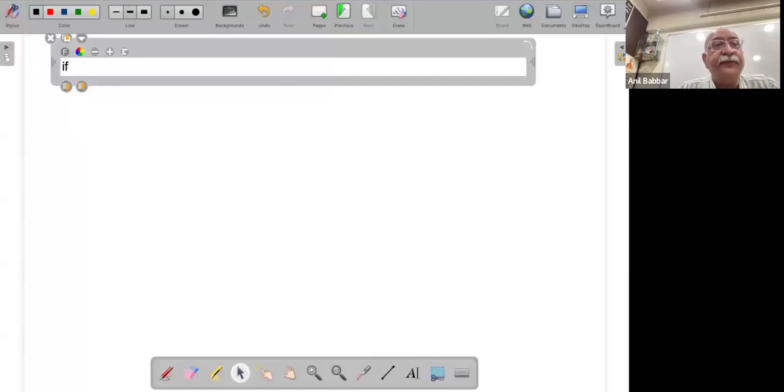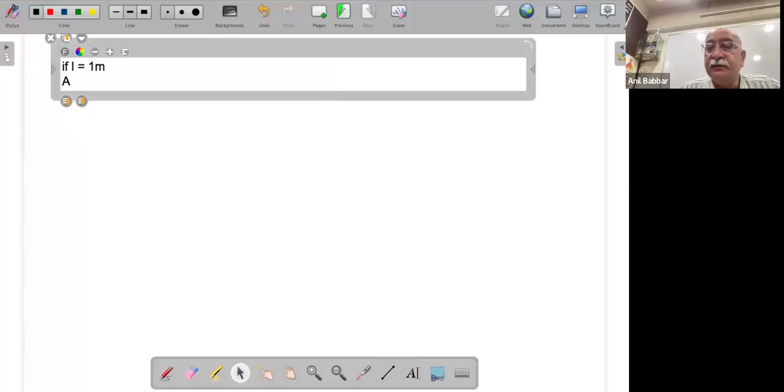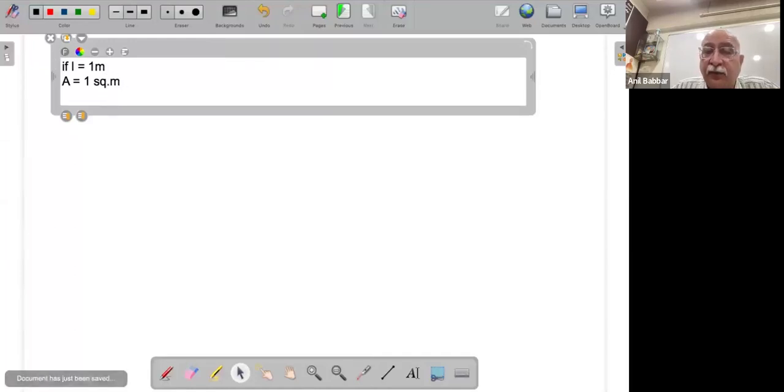Let's say if L equals 1 meter and A equals 1 square meter, then resistivity rho will be equal to R.